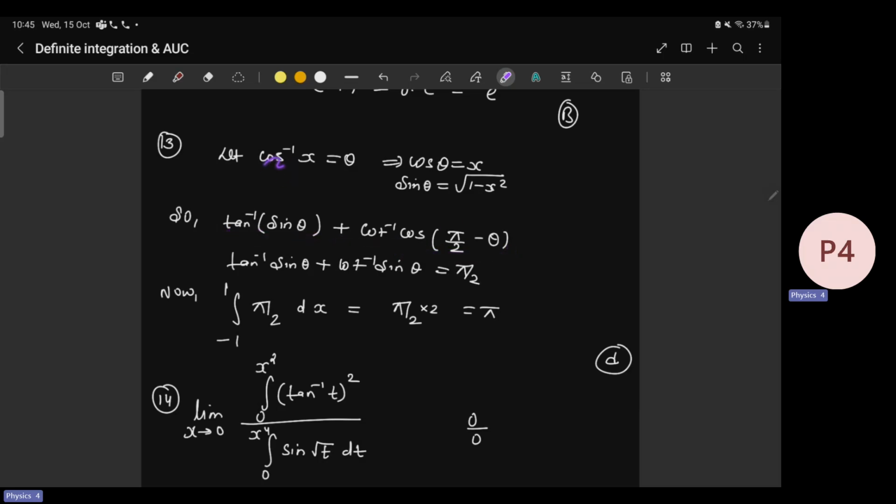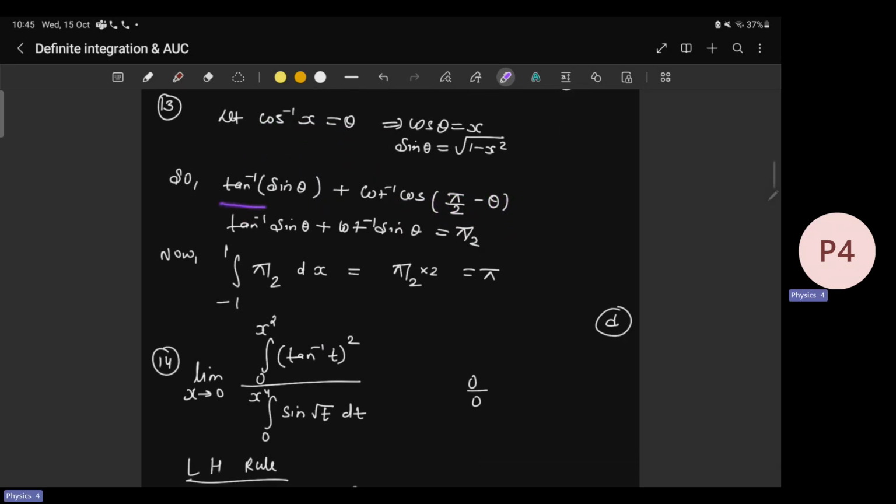See, this is cos inverse x. Sine inverse x can be written as pi by 2 minus cos inverse x, and this is theta. So pi by 2 minus theta. Now we have tan inverse sine theta plus cot inverse sine theta, which is given as pi by 2.